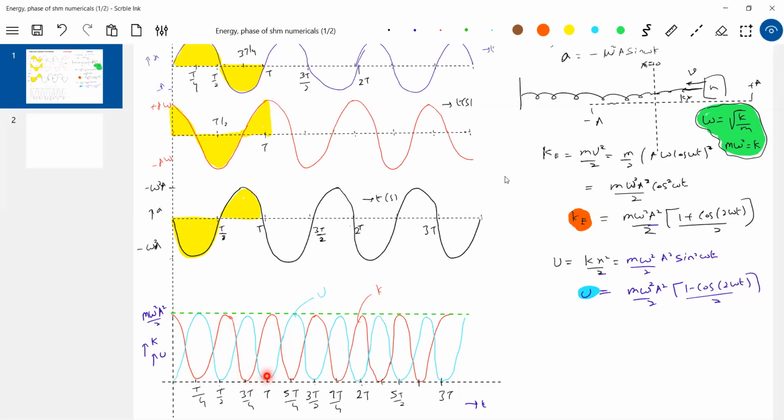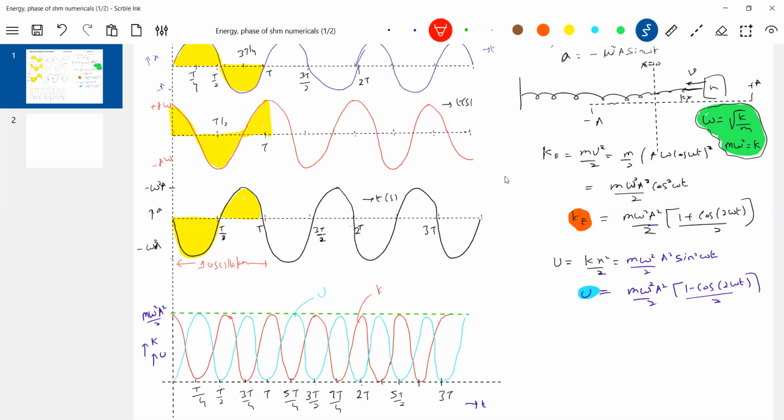It has completed two oscillations. Okay, this is one cycle. That is one oscillation according to the block. In one oscillation, how many cycles will be completed here?